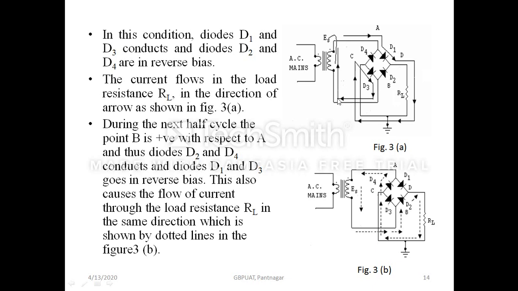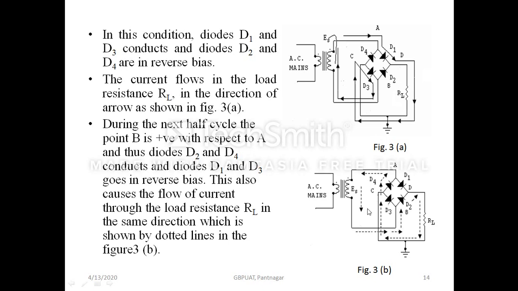The current will flow through D2, then RL, and again through D4, and it will reach the other terminal.